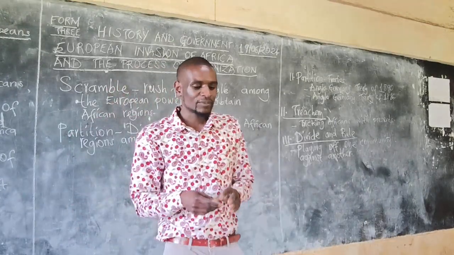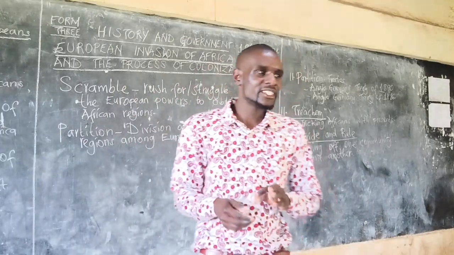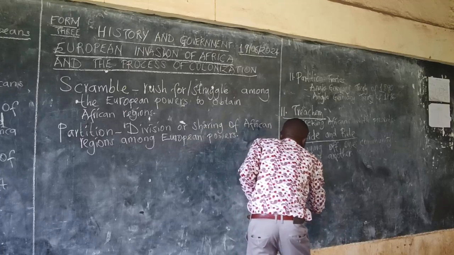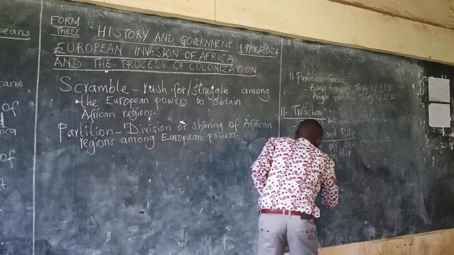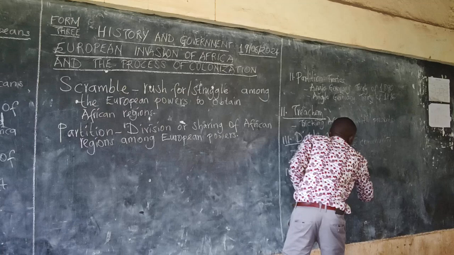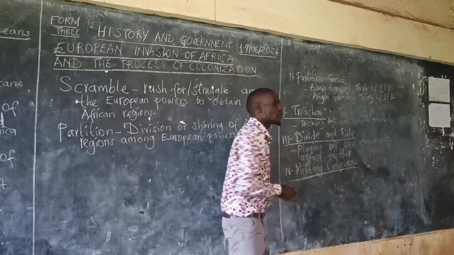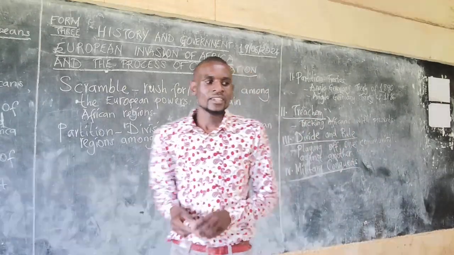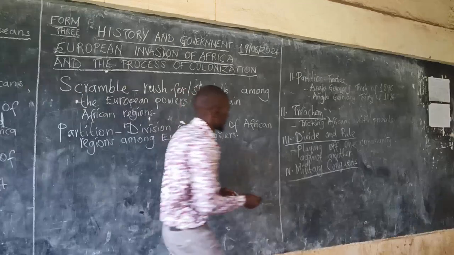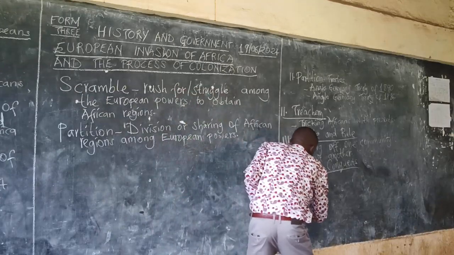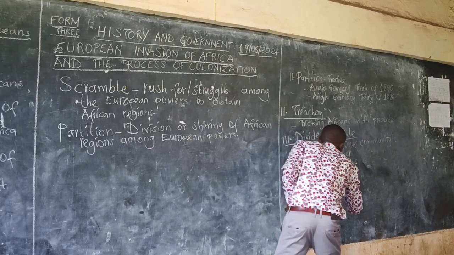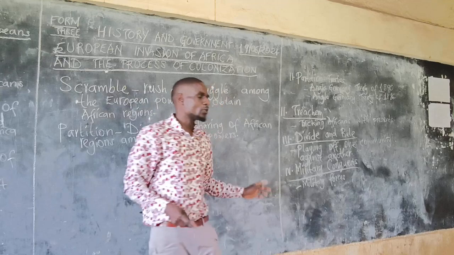Moving forward, another method is the use of military conquest. This is whereby the Europeans were using their own military forces in order to acquire colonies in Africa.